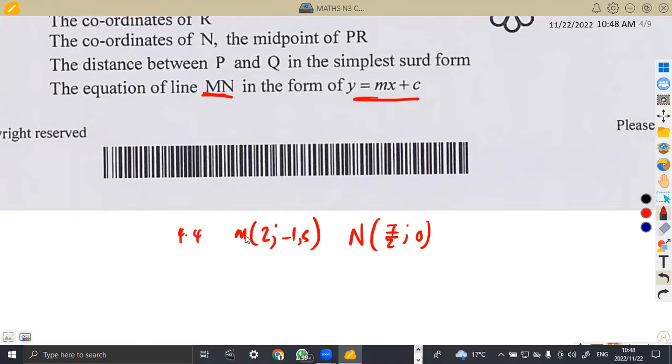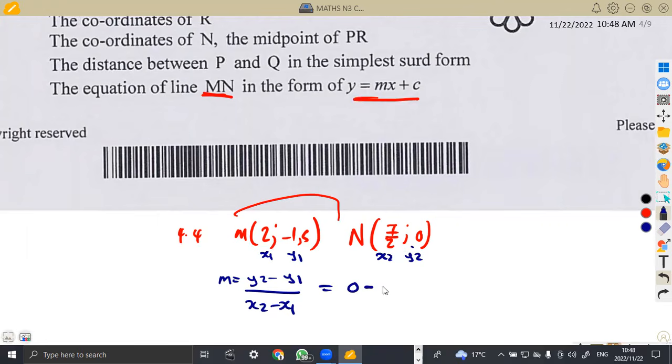So remember, for you to have the equation of MN, we actually need the gradient first, which is m. So m is the gradient. That's y2 minus y1 over x2 minus x1. So you've got x1, y1, x2, y2. That's 0 minus y1, that's minus 1.5, over x2, that's 7/2, minus x1, which is 2.